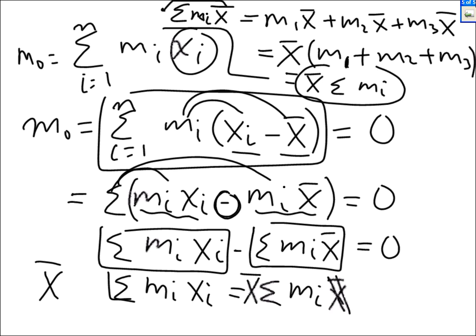Okay. Now, I want to solve for x bar. I want to know how much I should translate it. That is, where's the center? Remember, normally we center it at 0. But now I'm translating it over by x bar. So I kind of ran out of room, but basically, you divide both sides by the summation of mi.